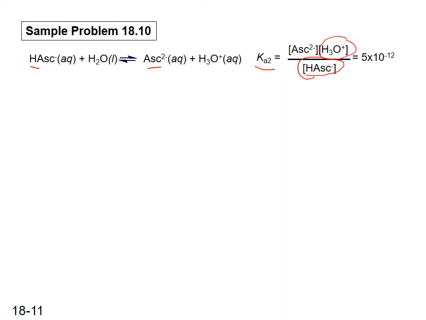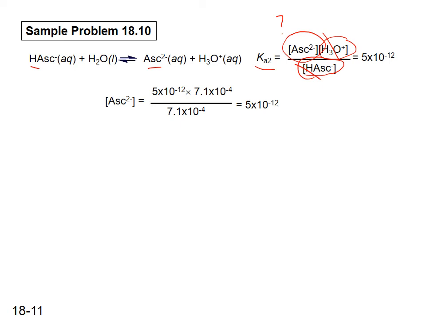In fact, these two are the same, so they cancel each other. And this is the one you need to calculate. So from here we can calculate the anion with no hydrogen: cancel the hydronium ion and the anion with 1 hydrogen, and that gives you just Ka2. So that's the answer for the anion with no hydrogen.